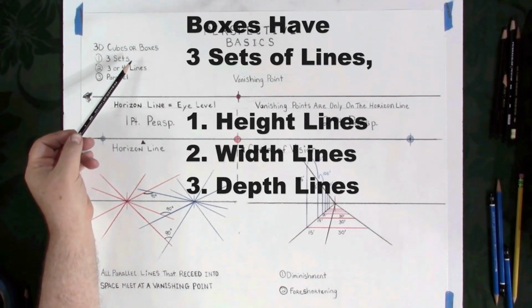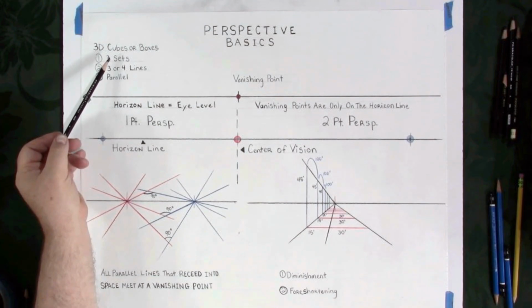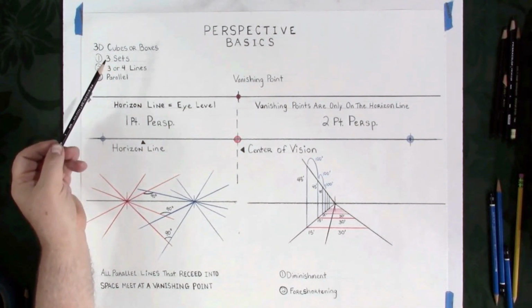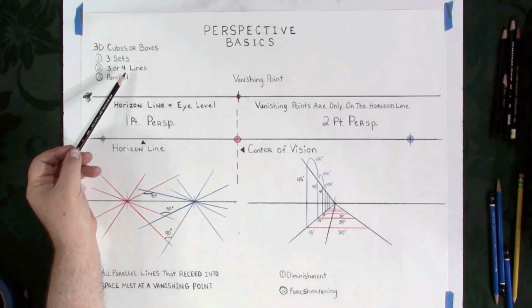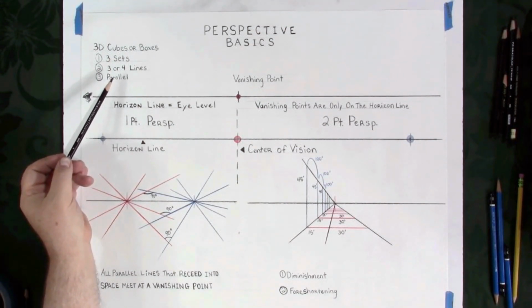Or if you're sending a package, they'll say height, width, and length. But I like height, width, and depth. But whatever you call it, it's still only three sets of lines. In each one of those sets, we have 3 or 4 lines. So your box is either made up of 9 lines or 12 lines.